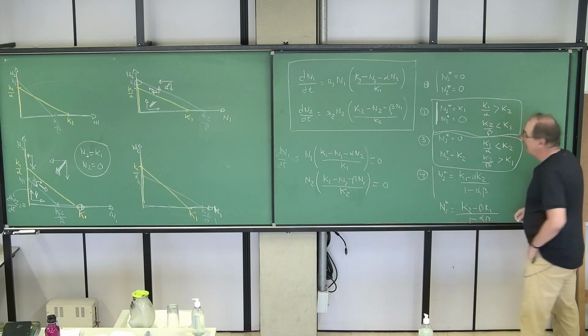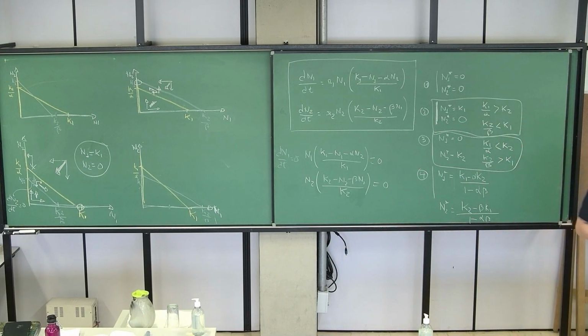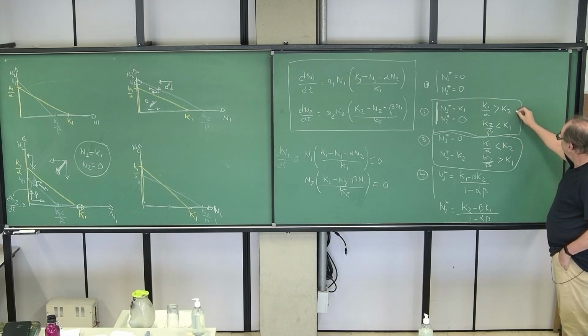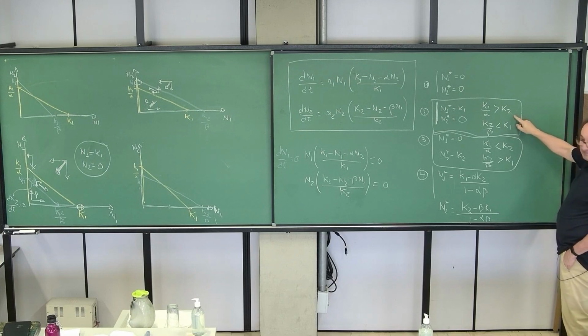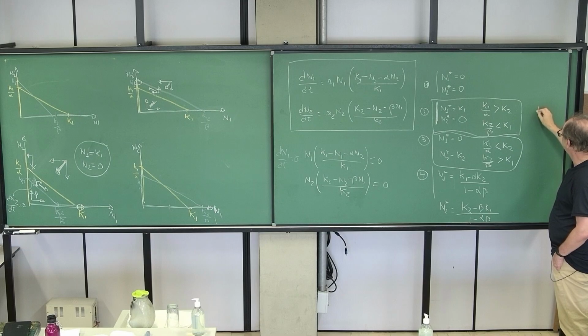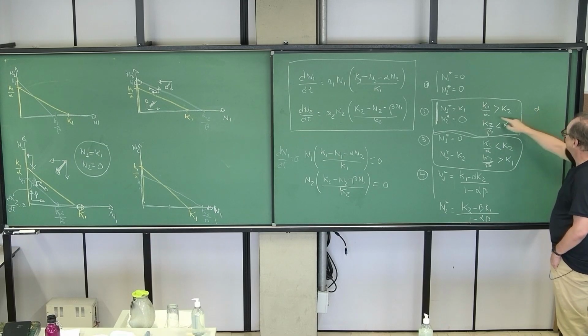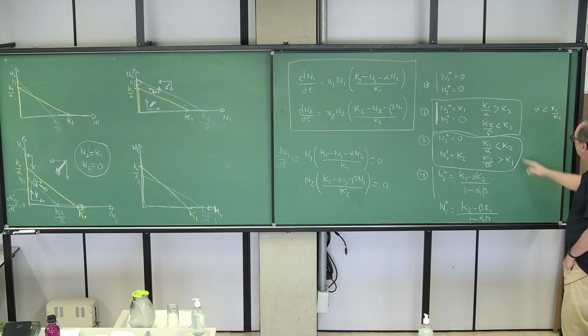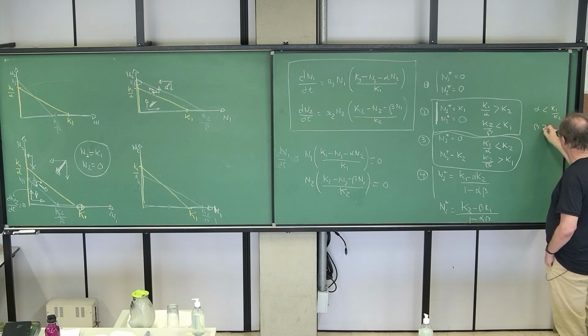So first, let's have a tentative discussion of what it means. This can be rewritten by saying that alpha is, in this case, smaller than k1 over k2, and beta is bigger than k2 over k1.